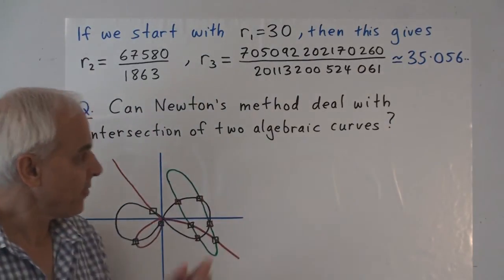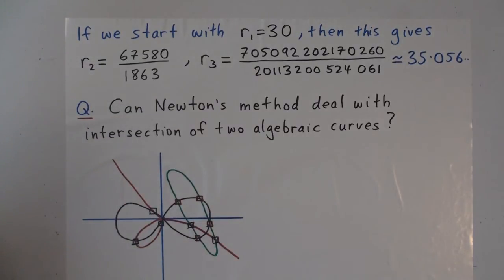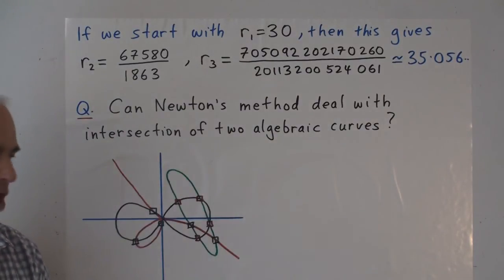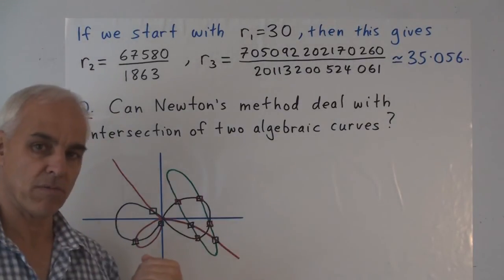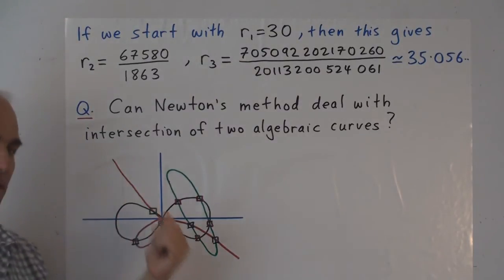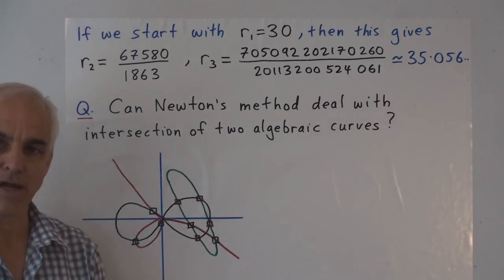I'd like to think about extending Newton's method to dealing with algebraic curves. Not just functions or polynomials where we have y equals some polynomial of x. But what happens if we have two algebraic curves? For example, a folium and a lemniscate, or maybe an ellipse, a second degree equation, a conic section.